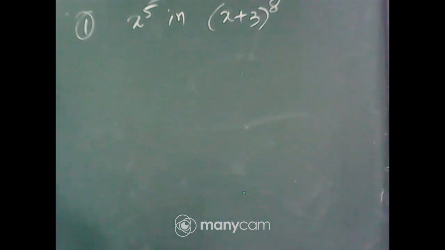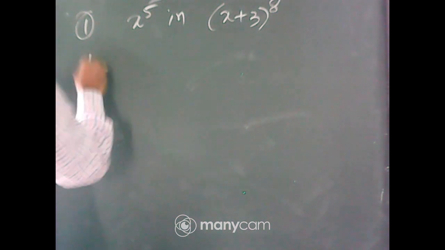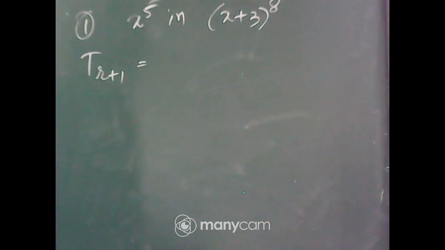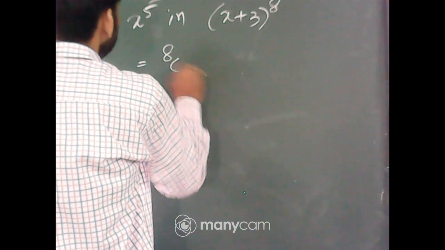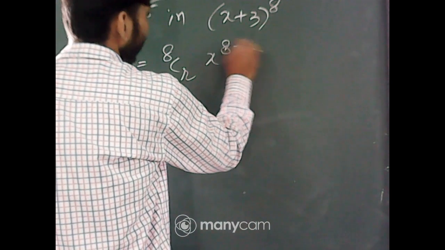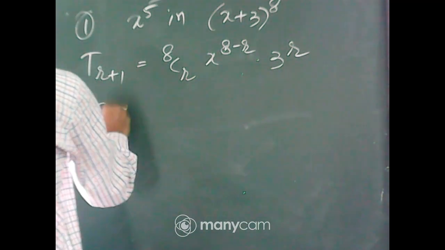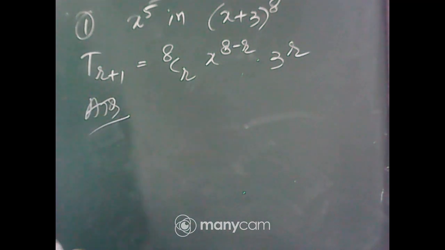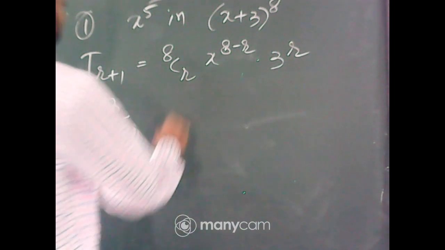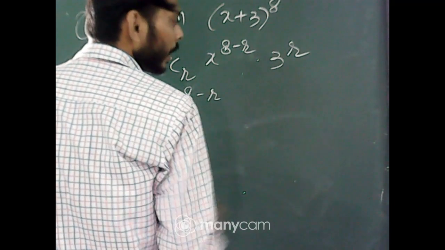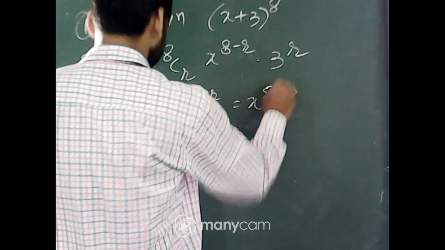For this kind of problem, first of all you have to find the general term T(r+1), that is 8Cr x to the power 8 minus r into 3 to the power r. According to the question, we are asked to find the coefficient of x to the power 5. That is why we take x to the power 8 minus r equals x to the power 5.